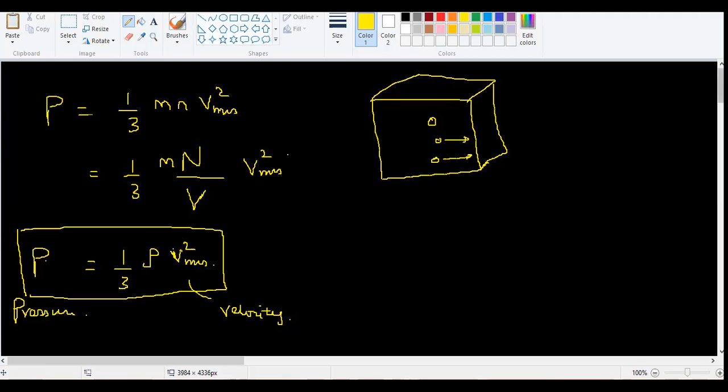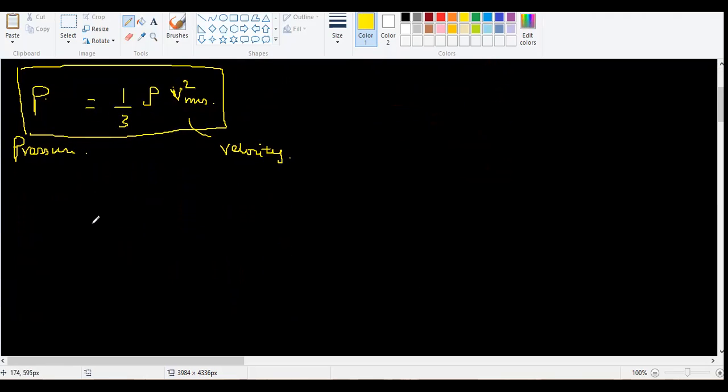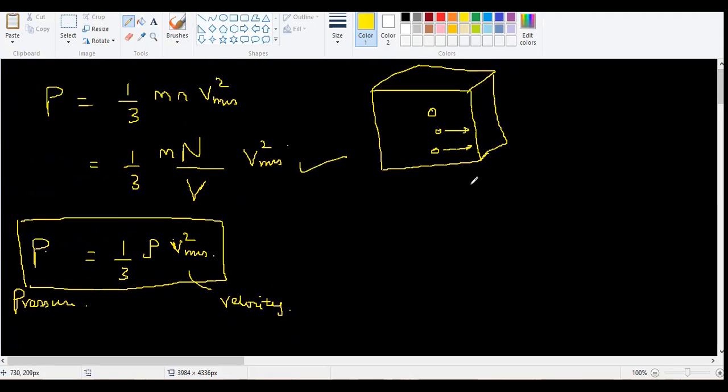Okay, coming back to this equation. I'm going to start from this equation. So P, I'm going to take the volume on this side. So PV is equal to 1 by 3 m into n into V RMS square.